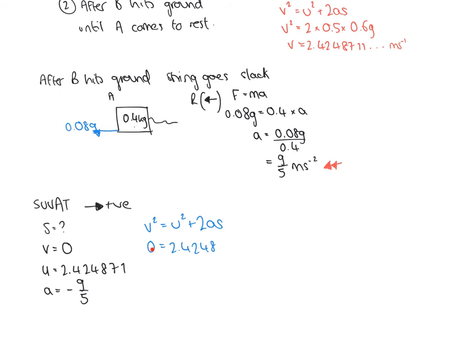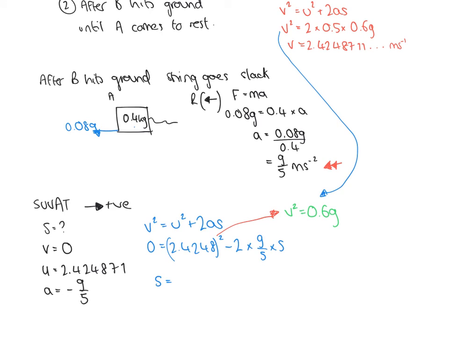Final velocity is 0, so we want to know what's the distance until it reaches 0. That's u squared, which is the speed at the instant that B hits the ground. We know the acceleration. We actually know u squared has come from up here. So again, rather than using the rounded value, let's use the original value, which is going to be 0.6 g.